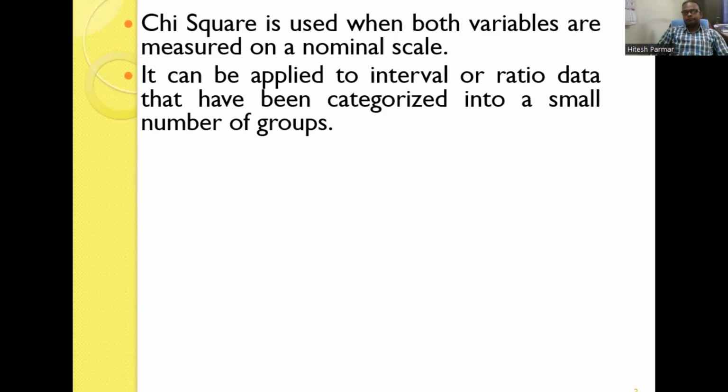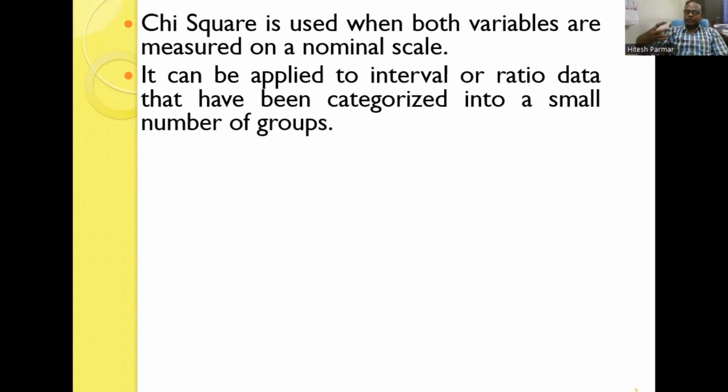For example, we have age that has been measured as a continuous variable. We ask what is the age of the respondent, and the respondent gives the age, say 71 years or 35 years, 21 years, 32 years, like this. In terms of years, they are giving their ages.